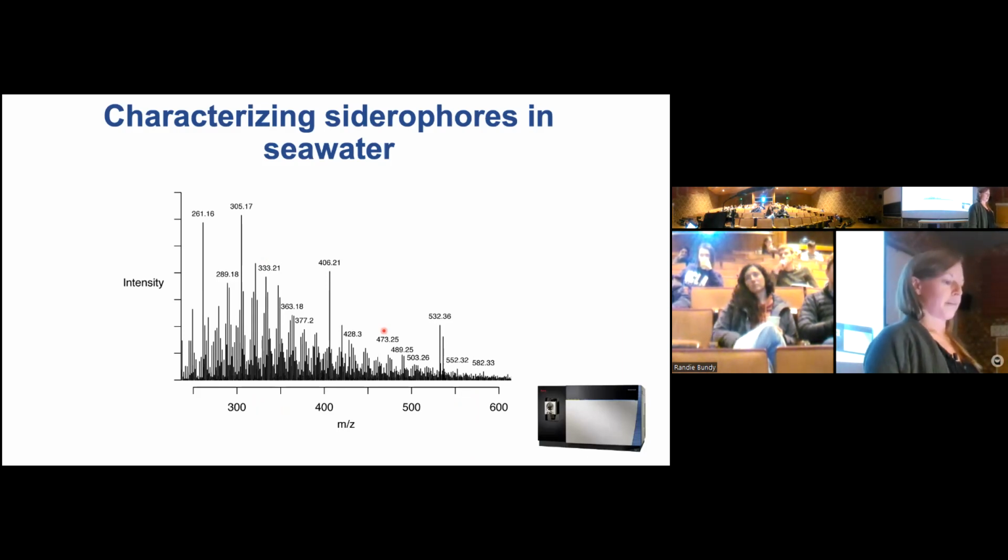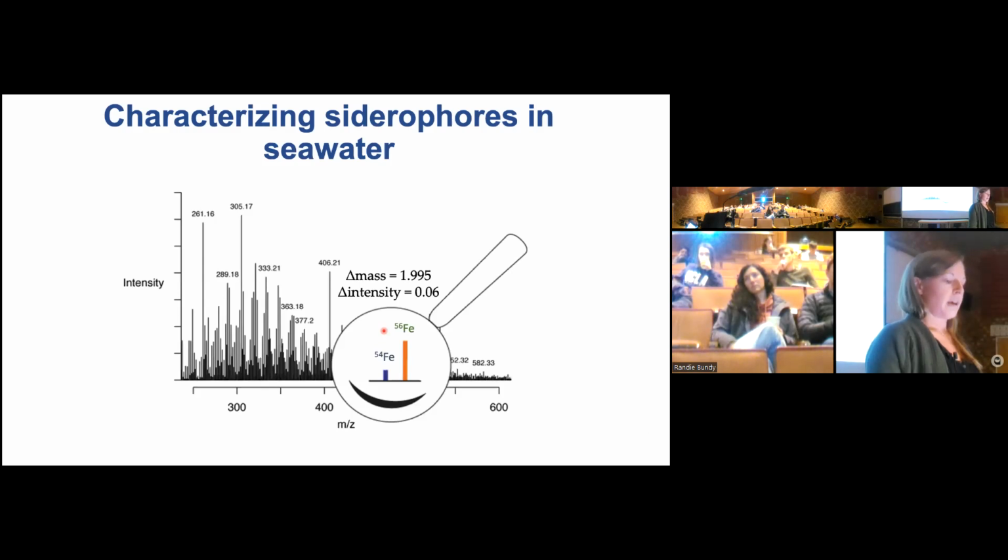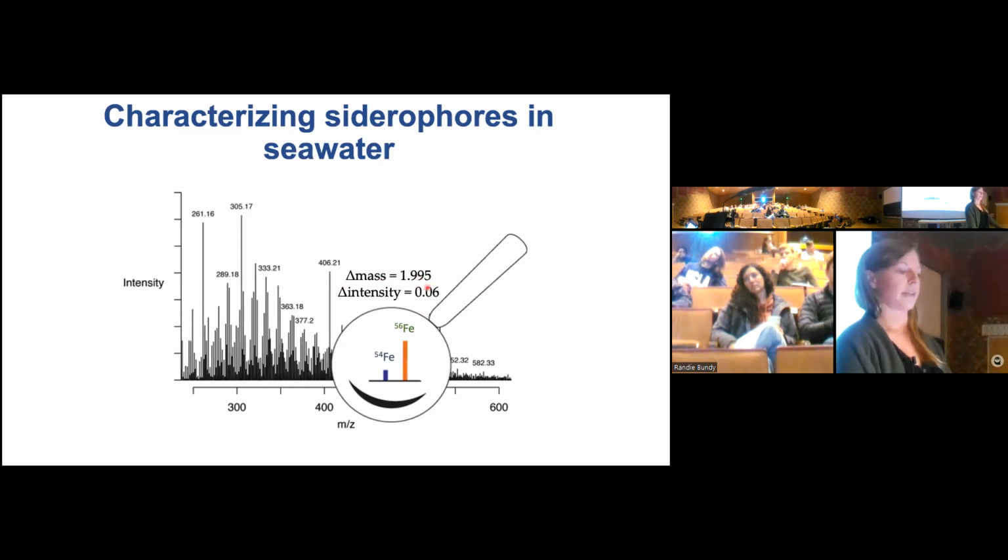So we use a few different strategies. One is we can look for iron specifically in these different compounds, and we can search for iron based on these iron isotope ratios. So we look for compounds that have iron 56 and iron 54 presence in the correct mass difference based on their isotopic composition, and also this anticipated difference in intensity between these two isotopes.